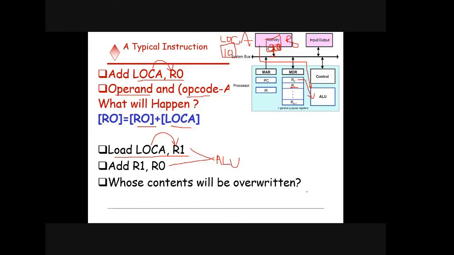Whose content will be overwritten? That is, whether R1 or R0 or location A. When I am executing this instruction, add location A, R0, whose content will be overwritten? Ma'am, R0.